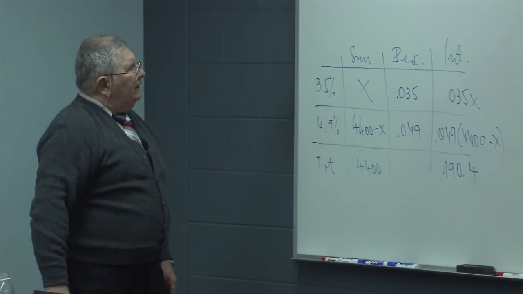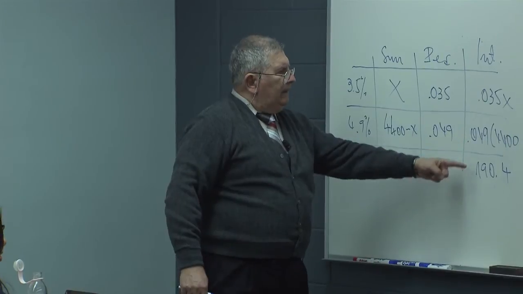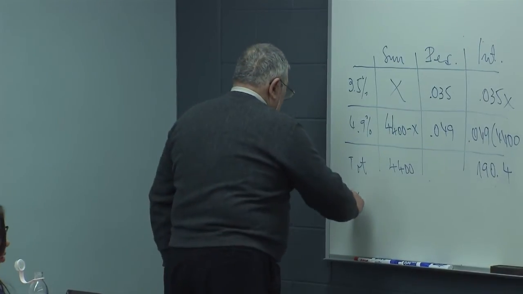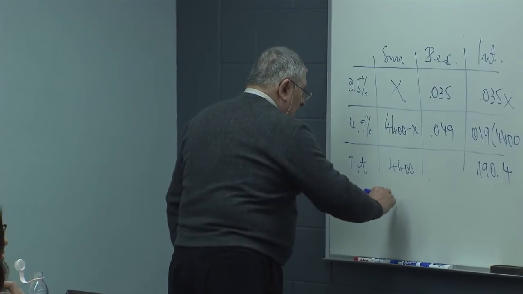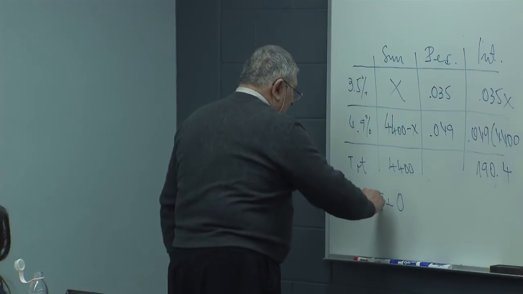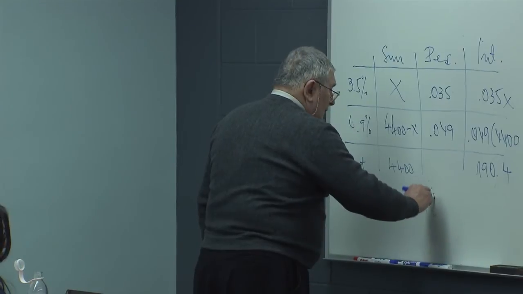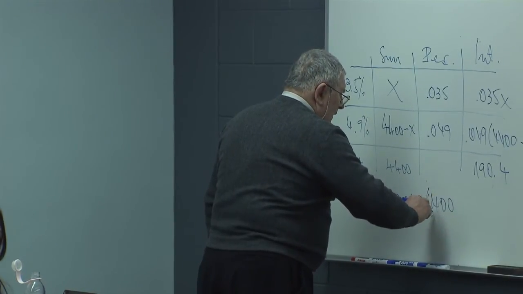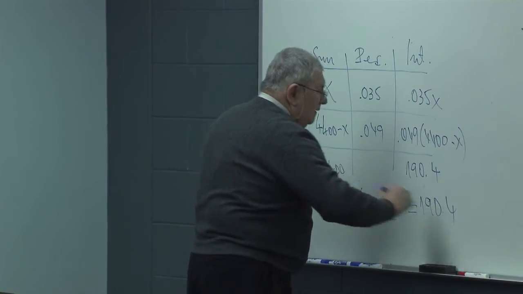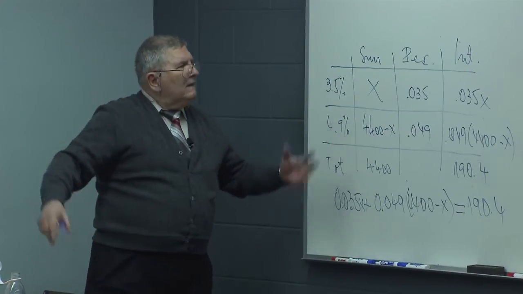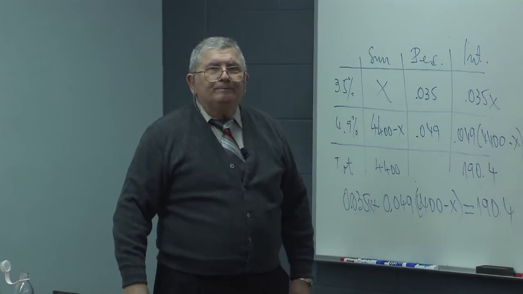And now the equation: the interest from this account plus the interest from this account equals the total interest. 0.035 times X plus 0.049 times (4,400 minus X) equals 190.4. This is the equation. Solve this equation and find X.